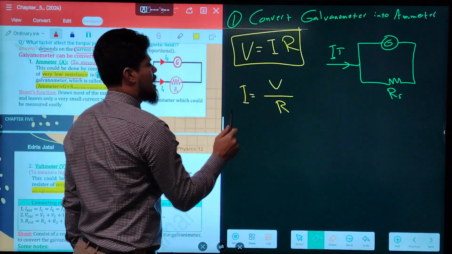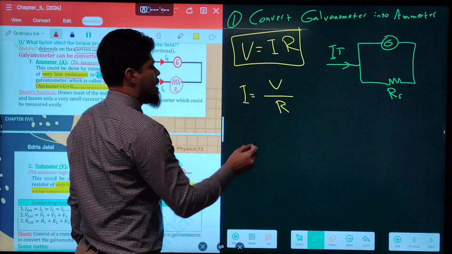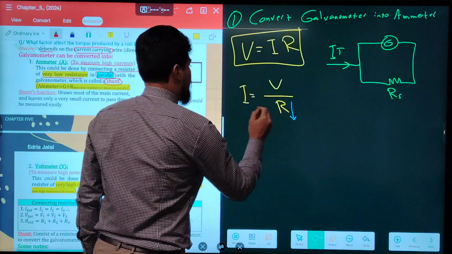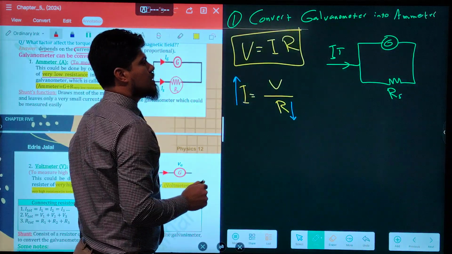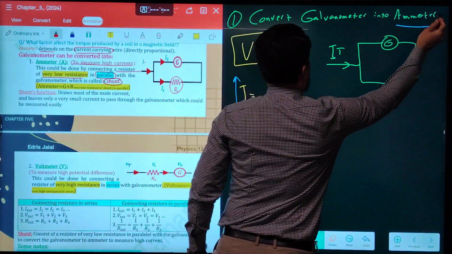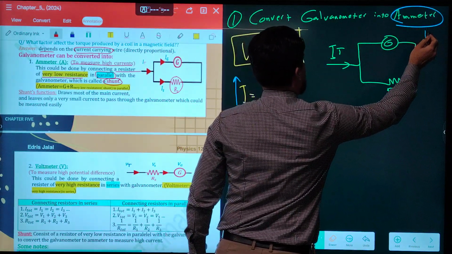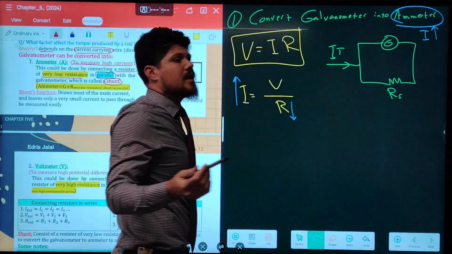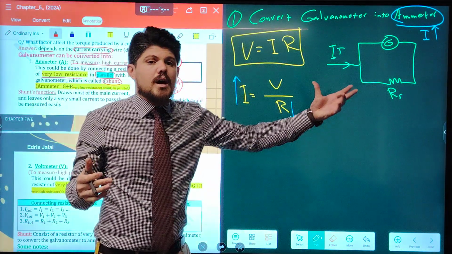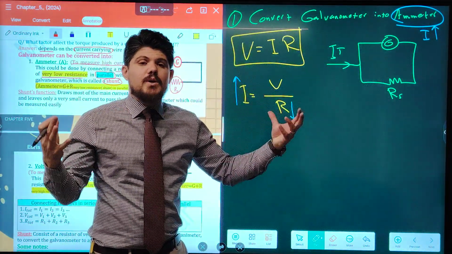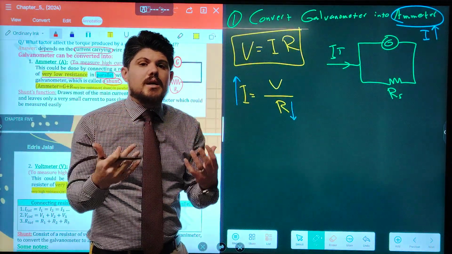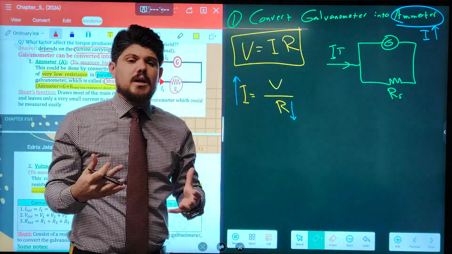They are inversely proportional. Low resistance provides more current. An ammeter is used for measuring current, and here we need it to measure high current. How can we obtain high current?